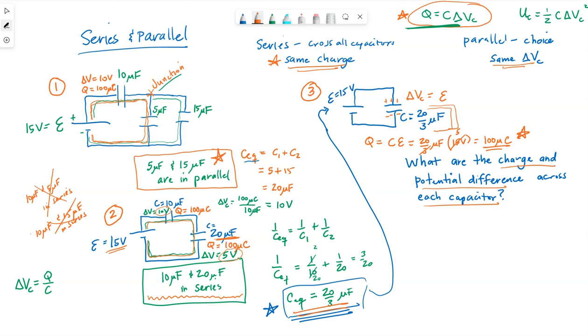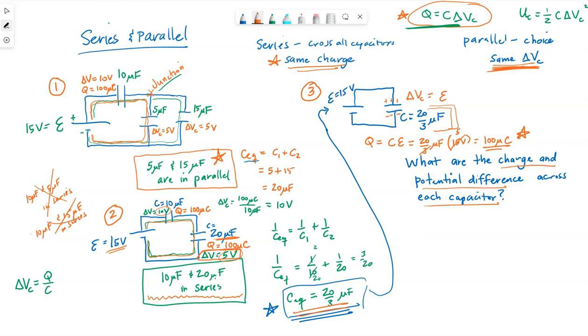So going back to our rules for parallel, capacitors in parallel must have the same potential difference. So I know we have calculated a potential difference of 5 volts on this equivalent. As I go back to these individual capacitors, they have to have the same voltage, not only of each other, but the same voltage of their equivalent as well.